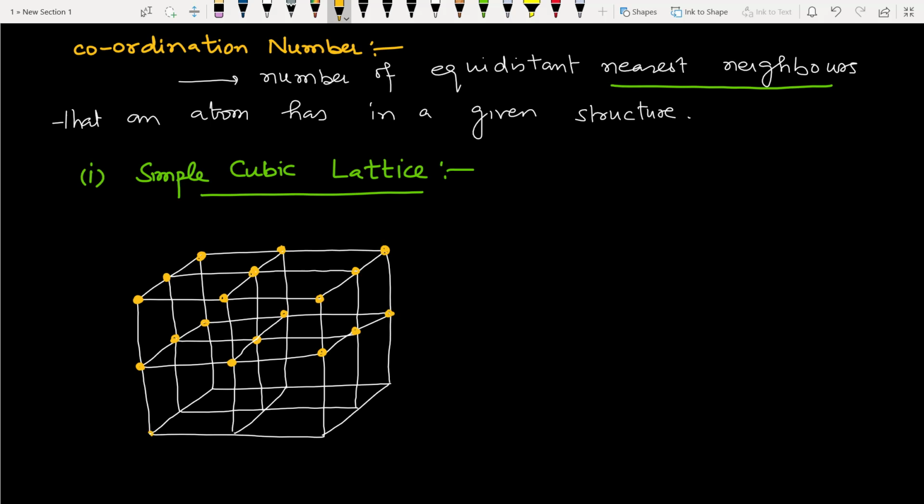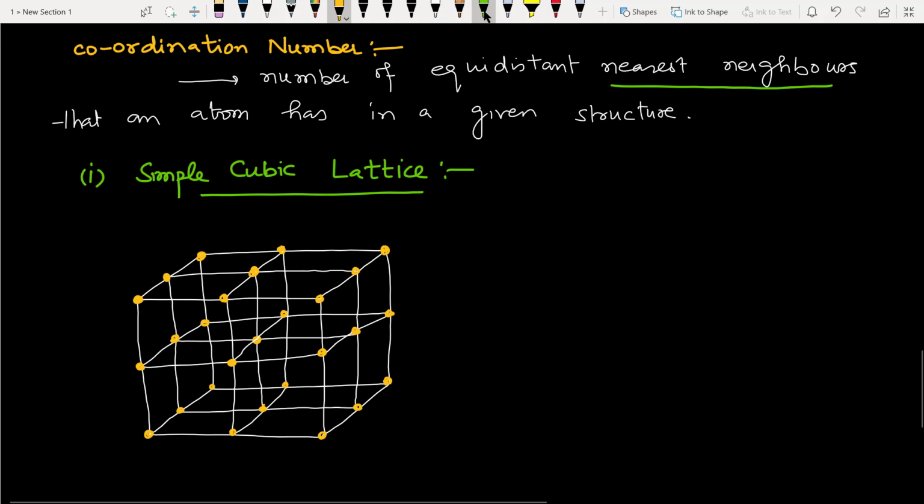So 4 above, 4 below. So this is our simple cubic arrangement, and here we wish to find a coordination number.